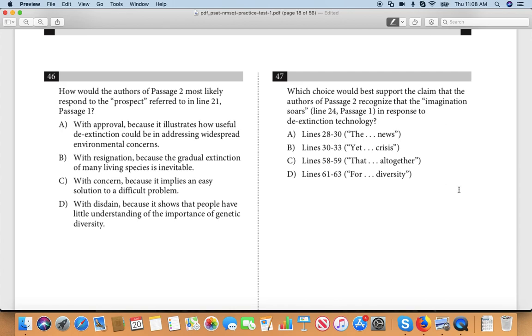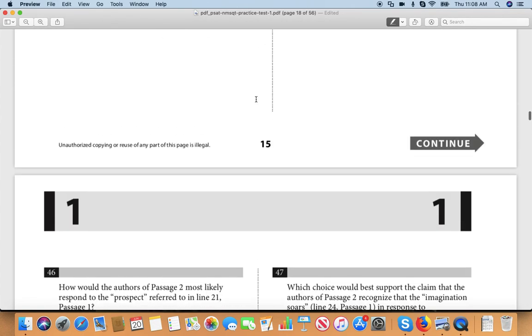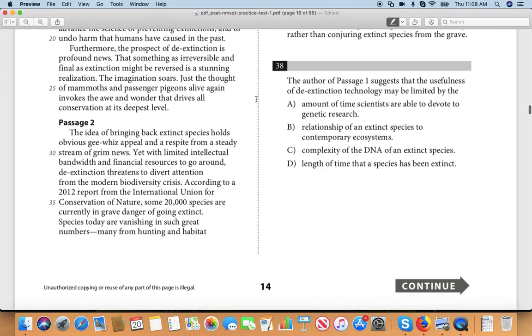How would the authors of Passage 2 most likely respond to the prospect referred to in line 21 of Passage 1? Okay, so we have to go back to line 21 of Passage 1, and then imagine what the authors of Passage 2 would respond to that. So let's go back to that sentence.